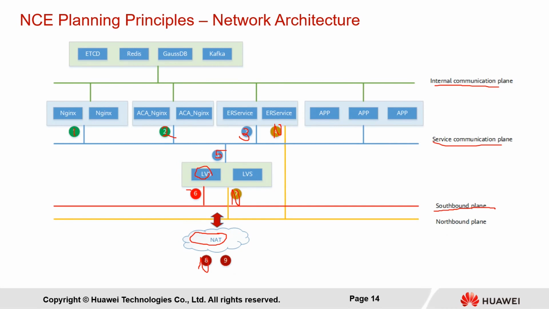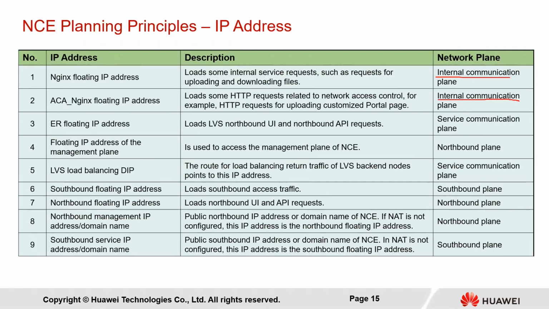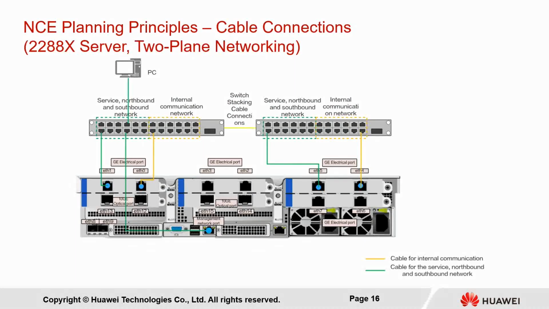And 6 and 9 are for south, connecting to this red one, the southbound plane. So this helps you to plan out the IP address corresponding to each plane. And now we know how to plan the network planes and IP addresses.